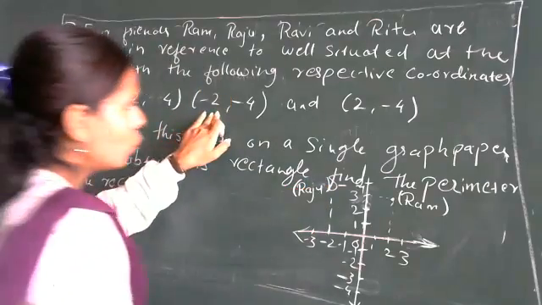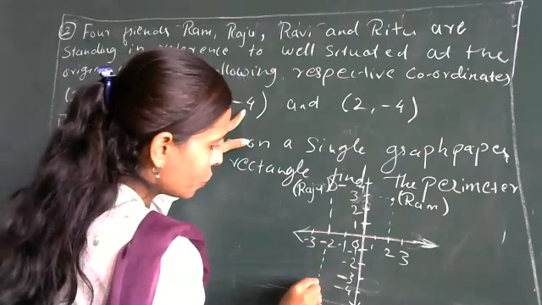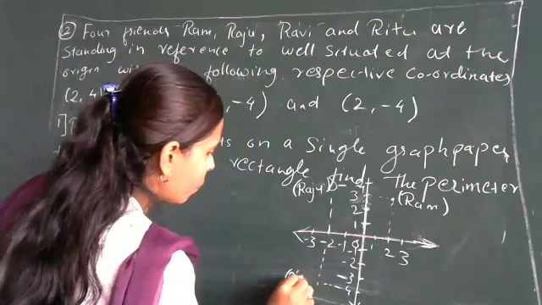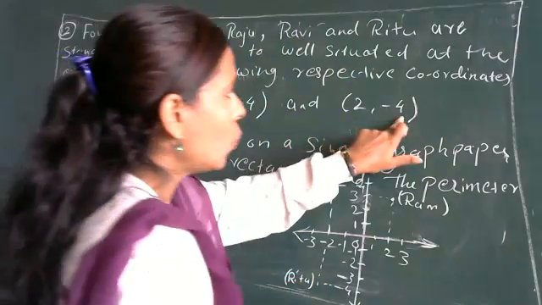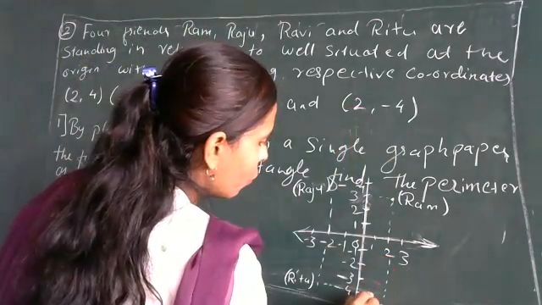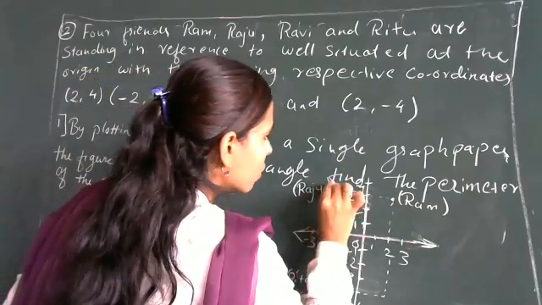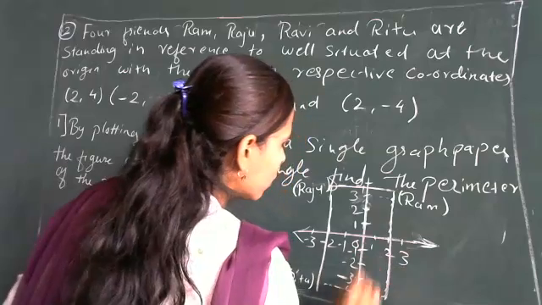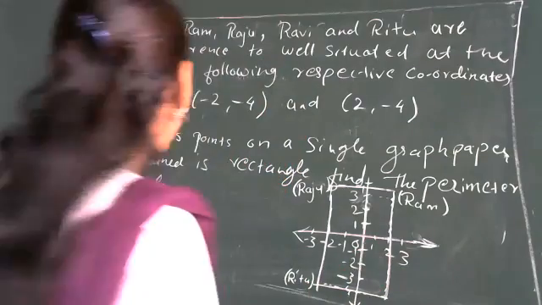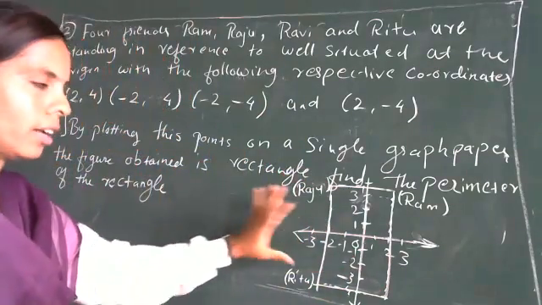Then minus 2, minus 4: minus 2 for x, minus 4 for y, because always the first value is written for x. Then the last coordinate, 2, minus 4: 2 for x, positive, and minus 4 for y. So if you join these lines, what do we get? Is it a rectangle? Yes, ma'am. Okay. So by plotting these points on a single graph paper, you will get a figure as a rectangle. We got that.